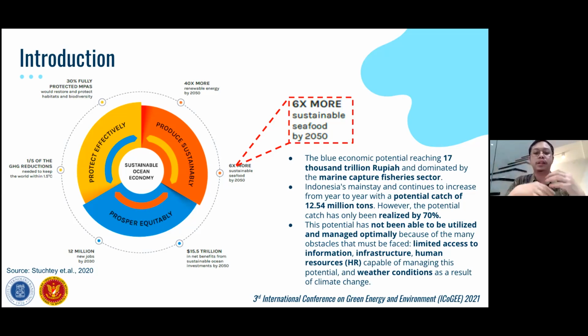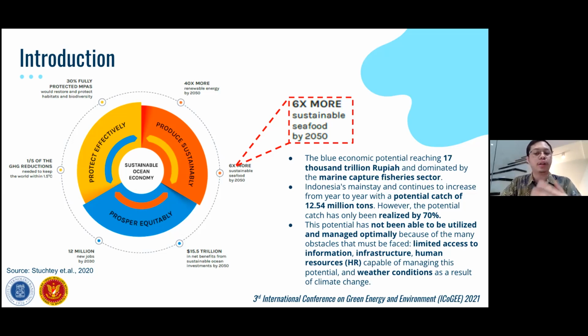We know that in Indonesia we have a great ocean and marine area, with an economic value reaching 70,000 trillion rupiah and dominated by the marine capture fishery sector. Production may continue to increase from year to year, with a potential of 12.54 million tons.